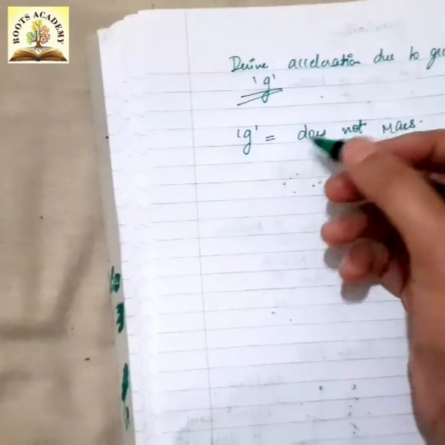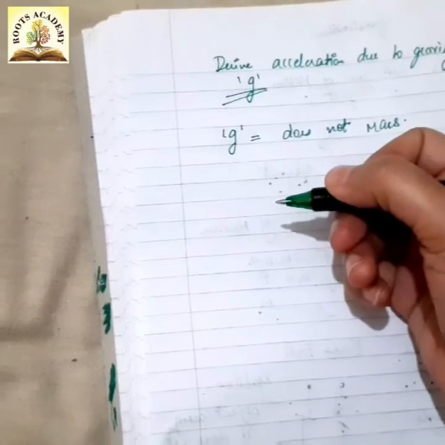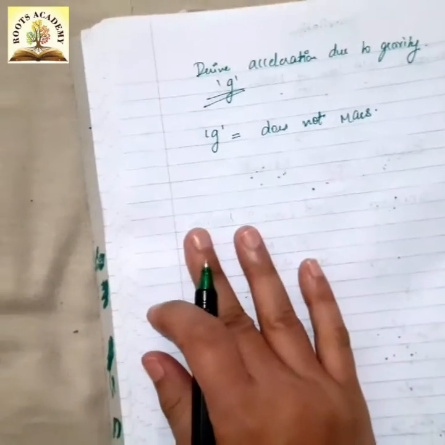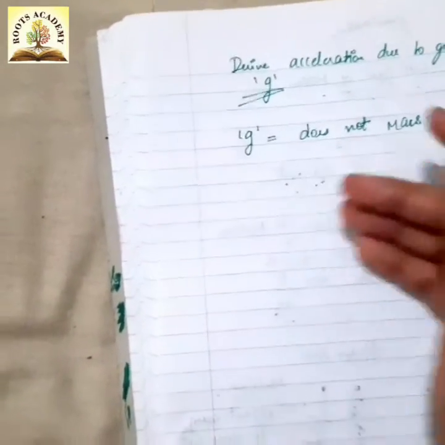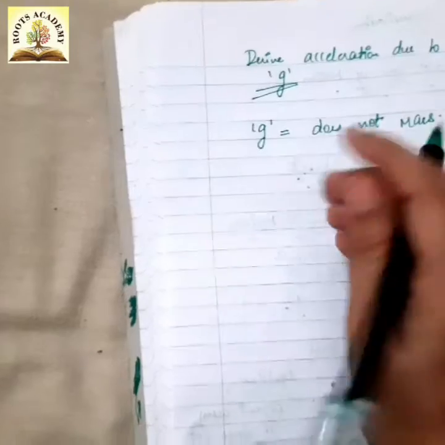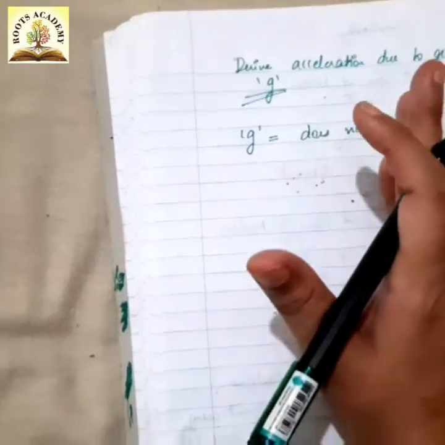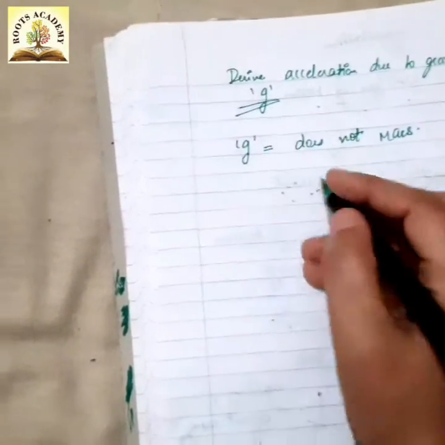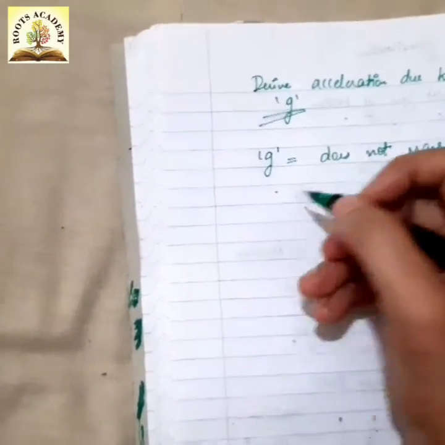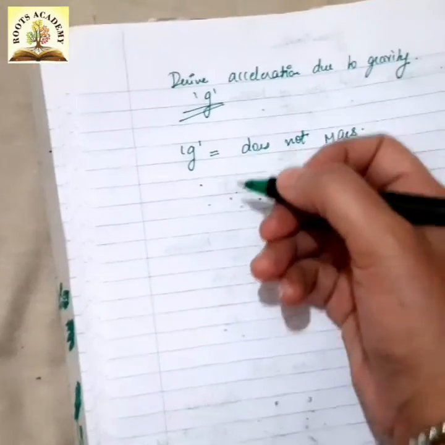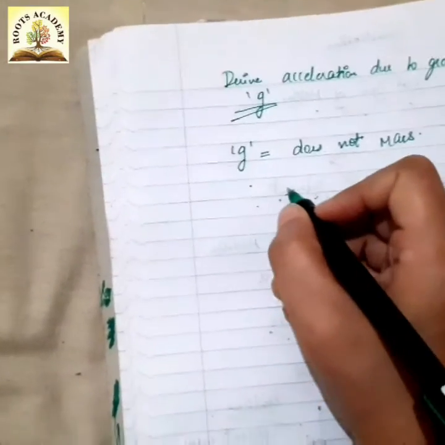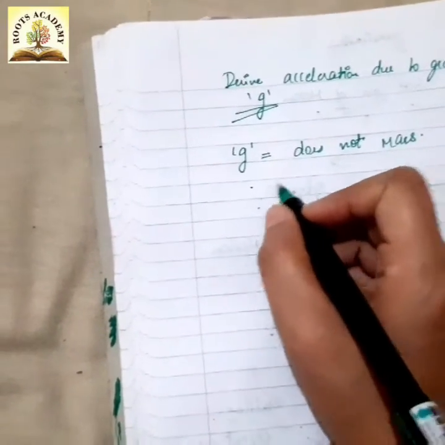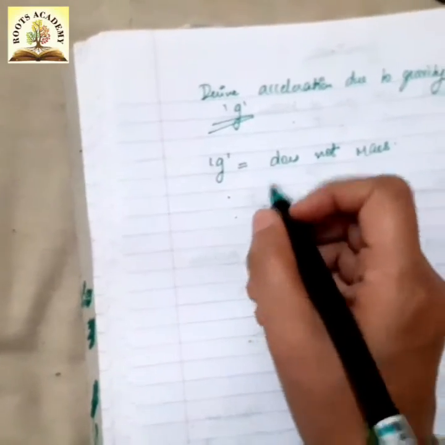Now any body falling from a height, moving under the influence of gravity, moves at a constant rate; the velocity changes at a constant rate. Any body moving down because of the gravitational force, a freely falling body, then what happens?